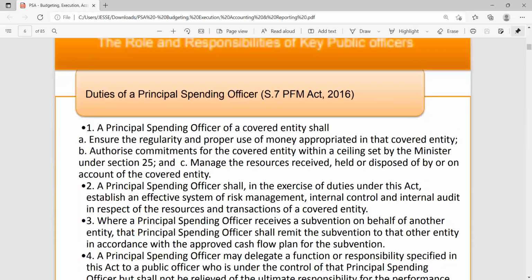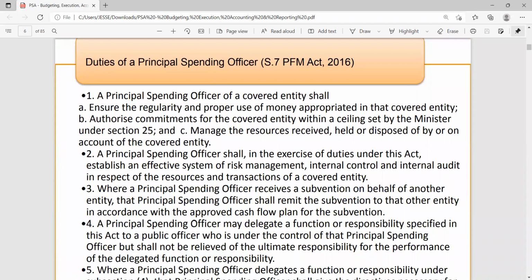So we are still looking at the role and responsibilities of key public officers, right? Now let's move on to the duties of a principal spending officer. A principal spending officer of a covered entity shall ensure the following.